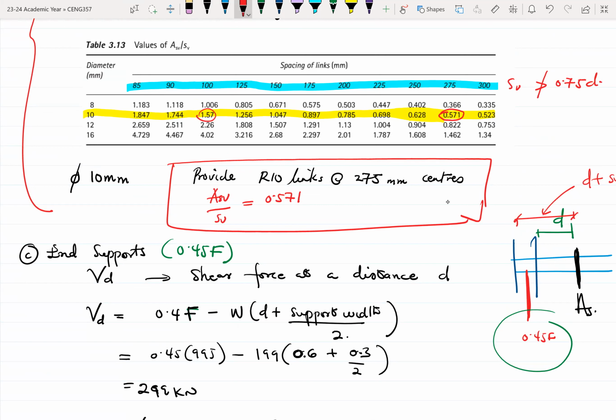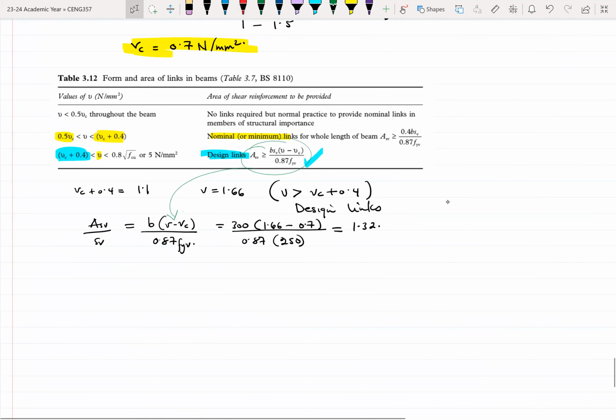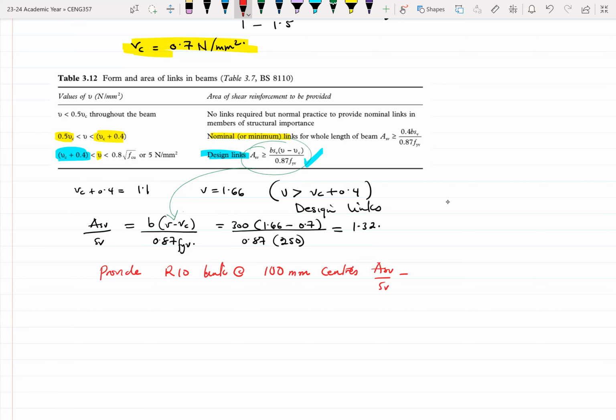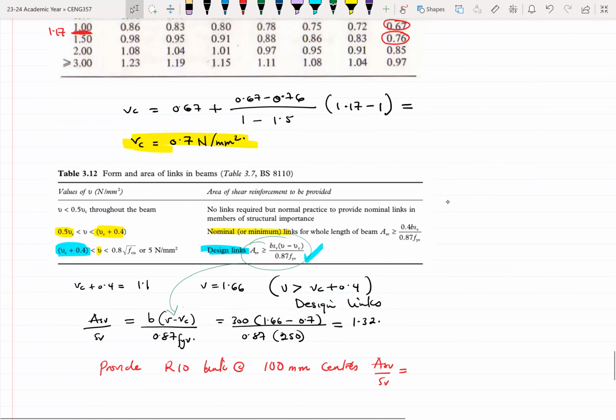Okay, 1.7 is the next highest over 1.32. So it means that we go with 10 mm bars to provide R10 at a spacing of 100 millimeter centers, okay, where our ASV over SV would be 1.57. Okay. All right.